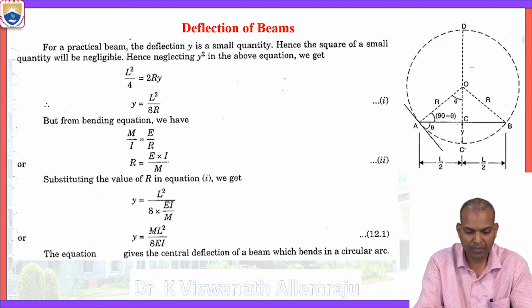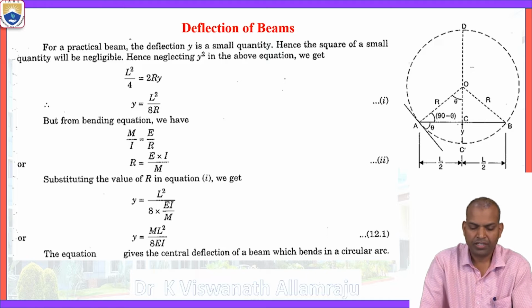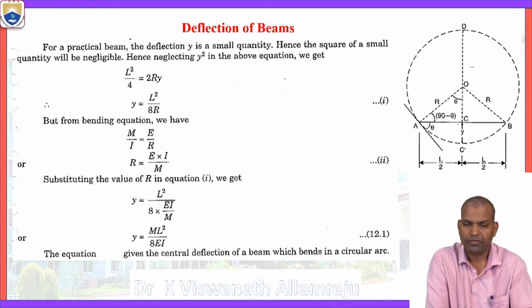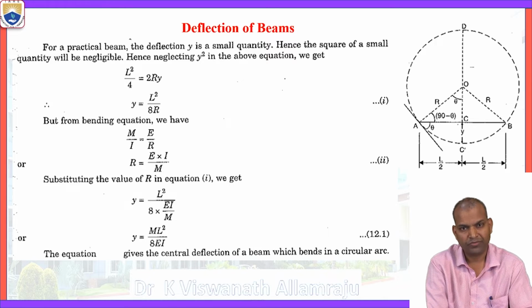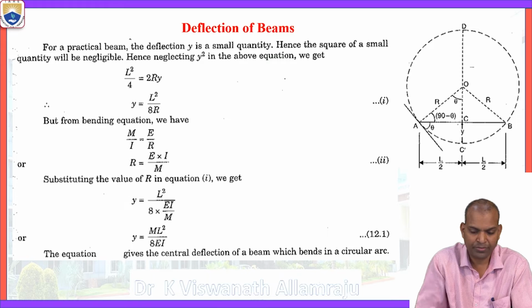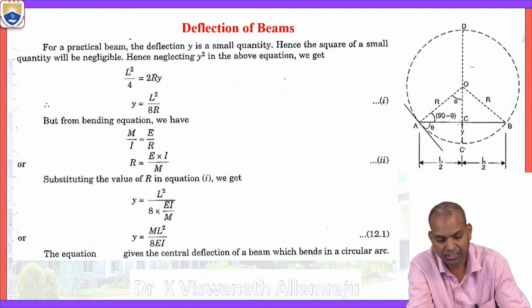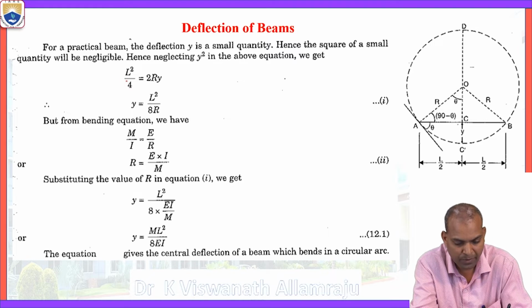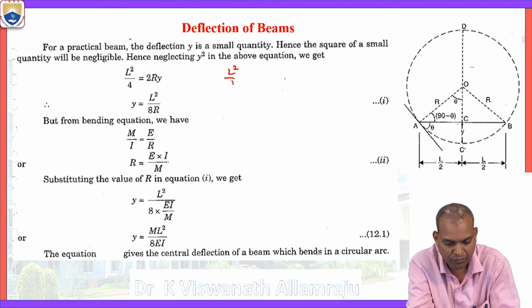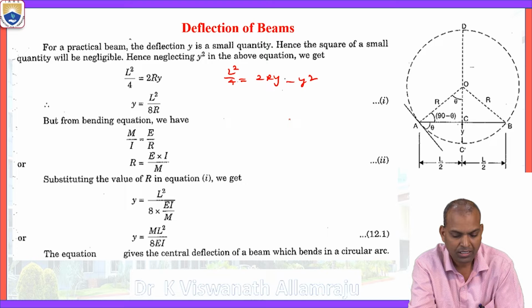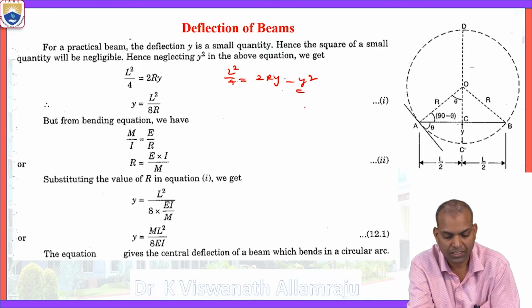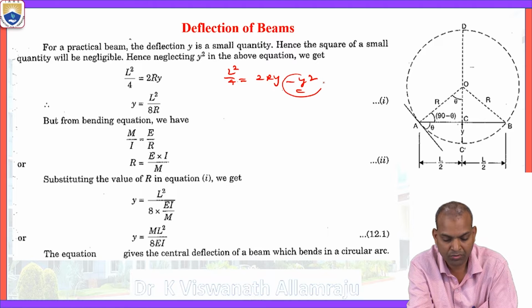For a practical beam, the deflection Y is a very small quantity. If Y is very small, then the square of Y becomes negligible. So L square by 4 equals 2RY minus Y square, and since Y square is very small, it is negligible.